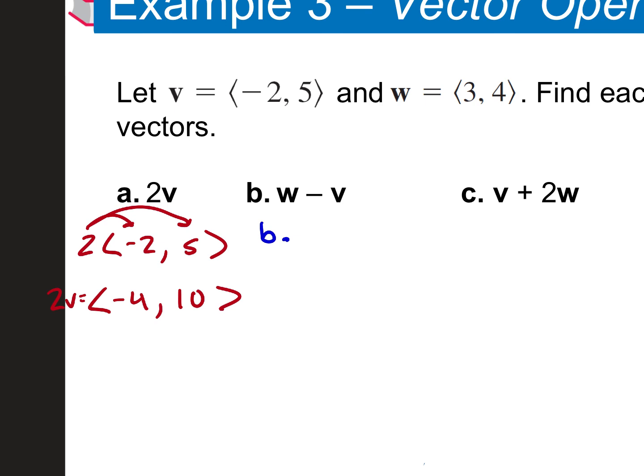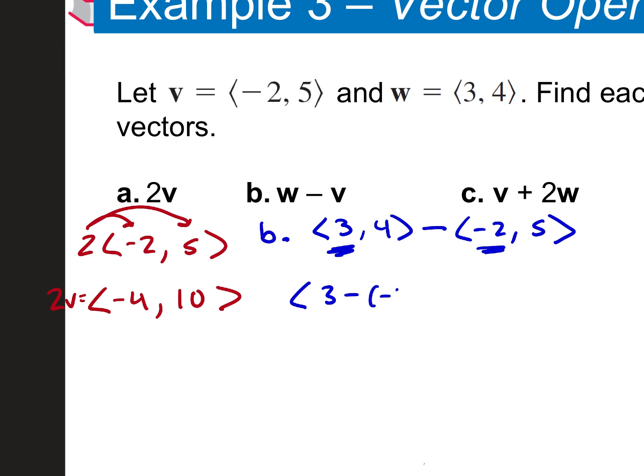For b, we're subtracting our vectors. So we start with w, so that would be 3, 4, minus vector v, which is -2, 5. So remember, first goes with first, and we subtract. So it'll be 3 minus -2. And then second goes with second, and we subtract. So 4 minus 5.